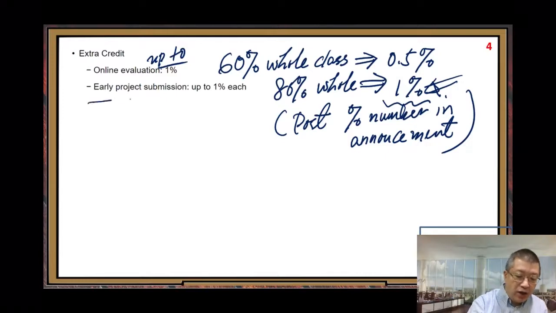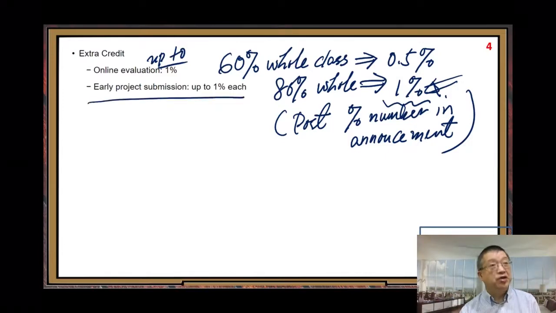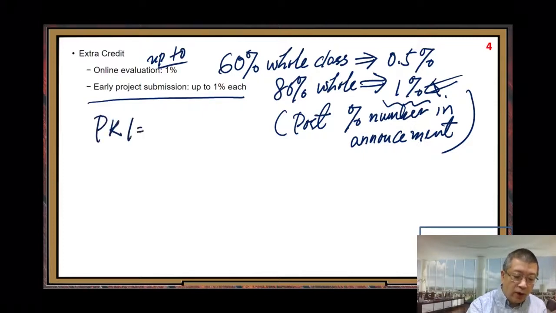Second chance, early project submission, I mentioned before, right? But here, let me give you a little more information. Early submission, up to 1%. So you have project 1, you can earn up to 1%.